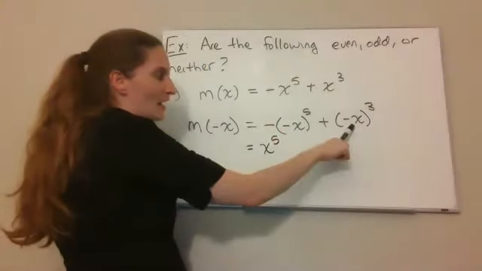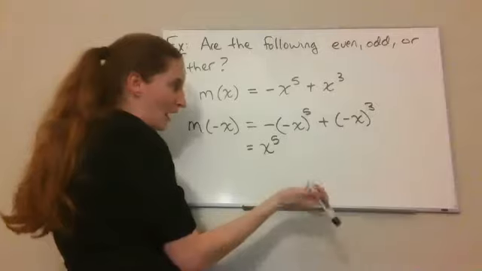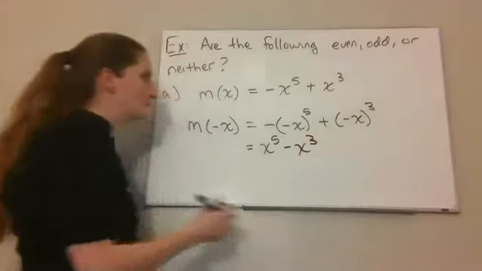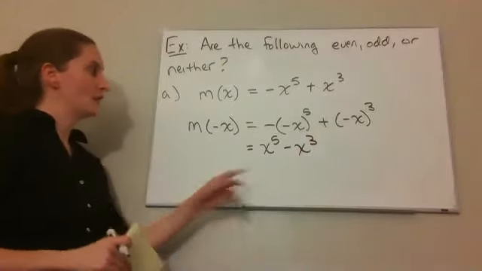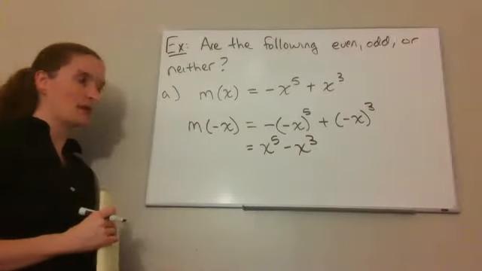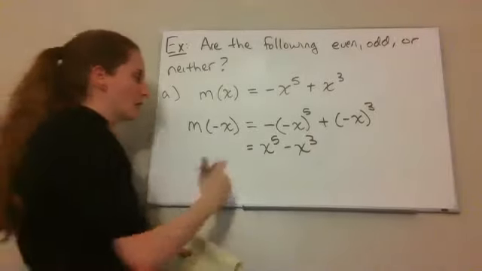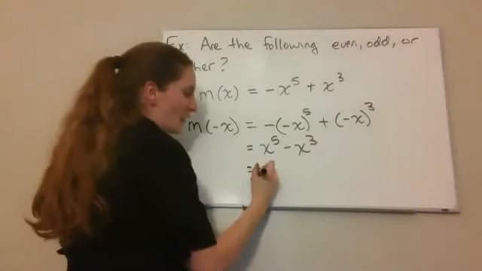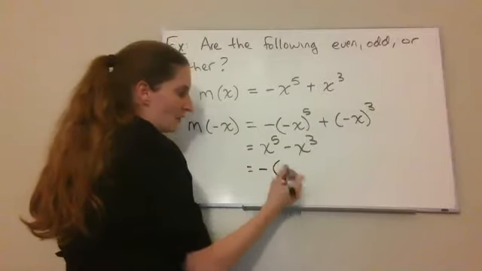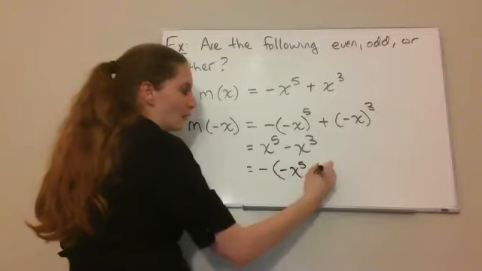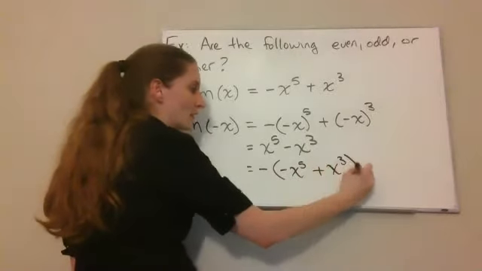And this guy, negative x to the third power, it's an odd power, so it's going to be negative x to the third. Well, this is definitely not the same function I had before, but is it the opposite of what I had before? We can find out. If I factor out a negative, I will get negative x to the fifth plus x to the third.